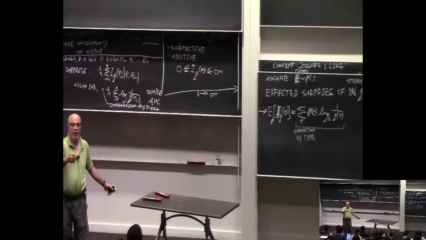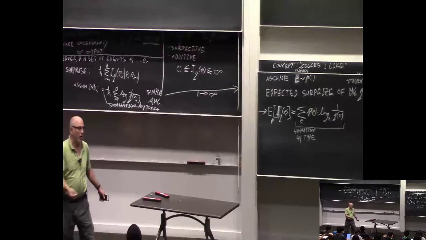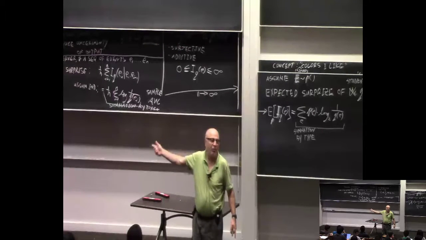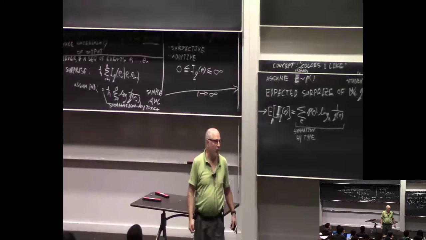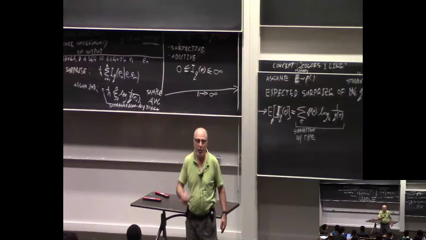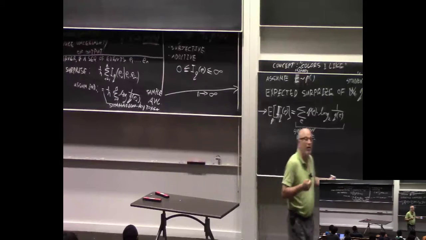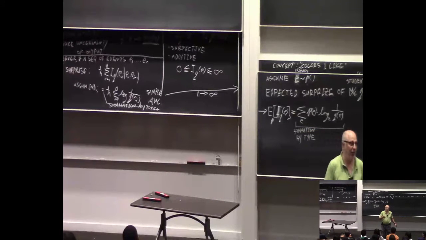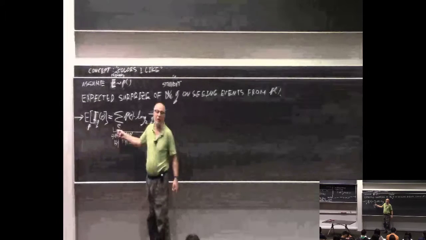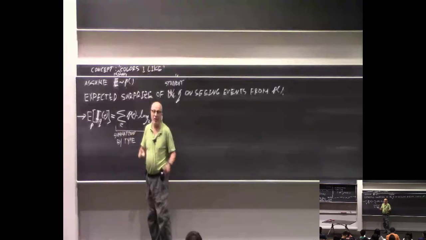You flipped a coin, there are only two possible outcomes, and you flipped it 20 times, you're going to get many tails and many heads. You toss a die, there are 6 possible outcomes, but you could have a sequence of hundreds of die tosses. So some event types will occur multiple times. That's okay in a summation by token. Tokens are occurrences. Types are the different types of events that can happen. In the case of a coin, there are only 2. In the case of a die, there are only 6, and so forth. So you see here, I didn't use an index, I just said summation over all event types. Different kind of summation.